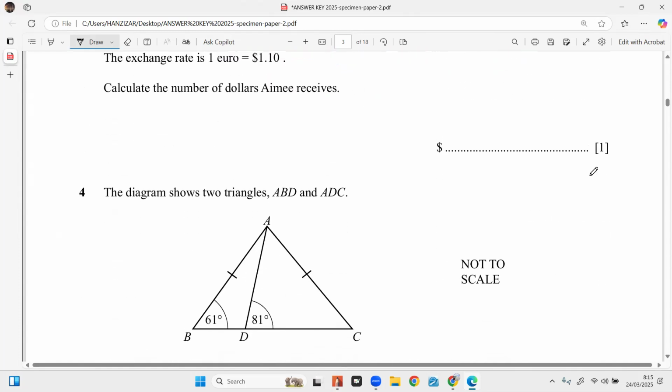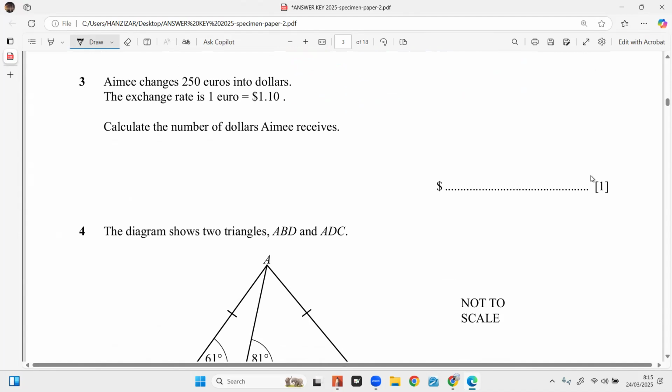Number 3, Amy changes 250 euros to dollars. The exchange rate is 1 euro equals $1.1. What is the number of dollars Amy receives from 250 euros? You put 250 euros on the left here. According to the proportional rule, you multiply both sides by the same number, 250. Very simple, right?